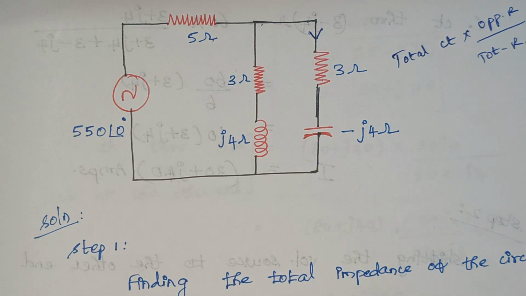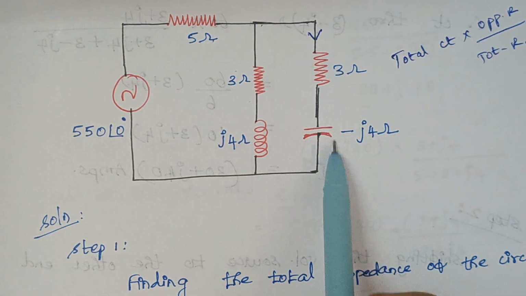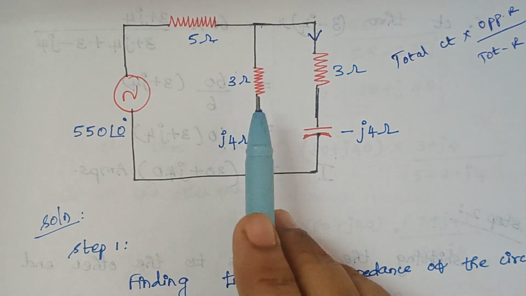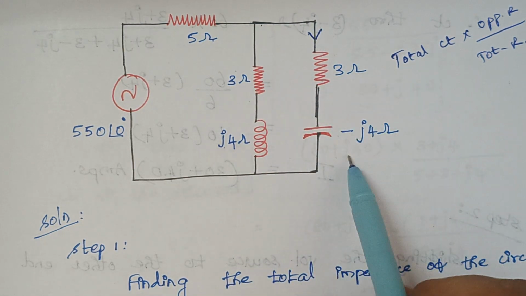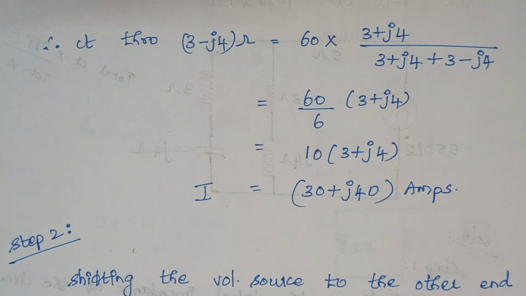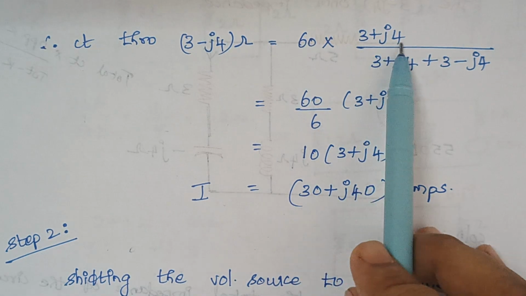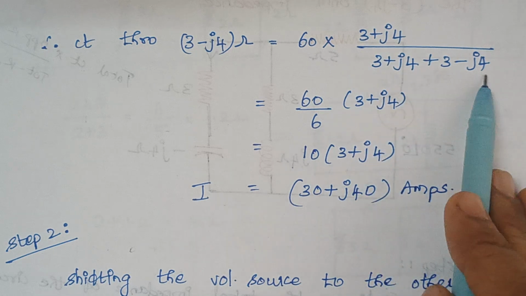So here the total current is 60 amps. The resistance which is opposite to this part is this, so 3 plus J4, divided by total resistance, you have to add all these things. When you use the current division formula, total current into opposite resistance divided by total resistance, here we have added.